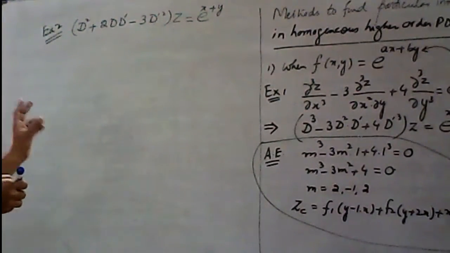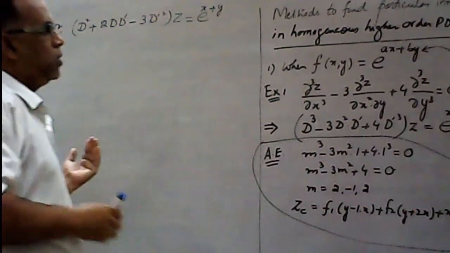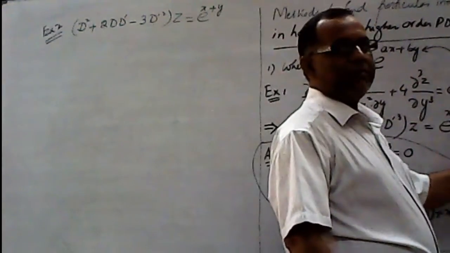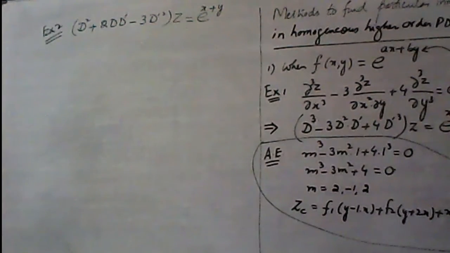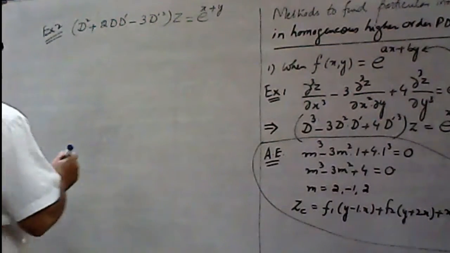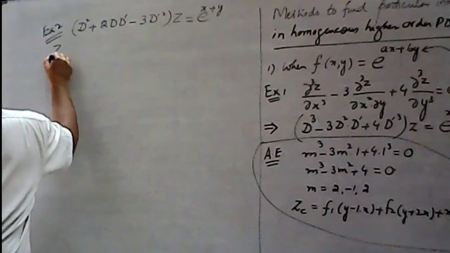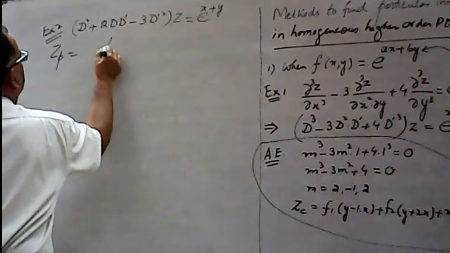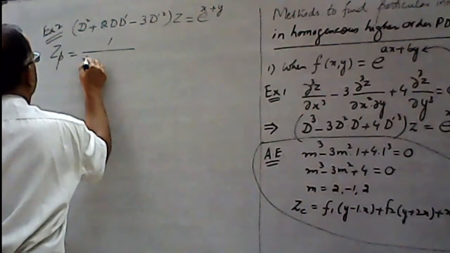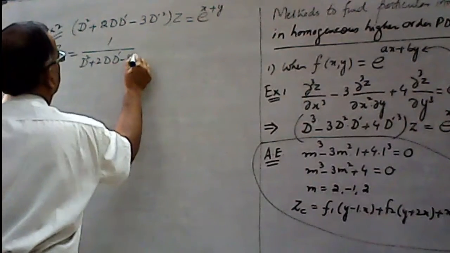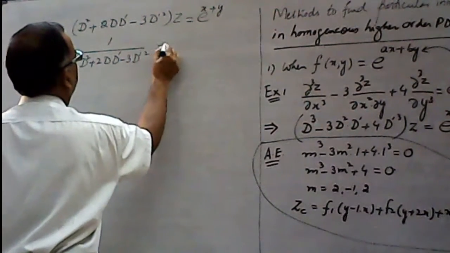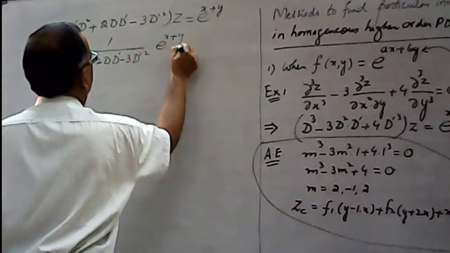I want to make this example to show when the denominator becomes 0, then what we need to do. Now I hope the denominator will be 0. Yes. So now I am calculating ZP. ZP means 1 upon d square plus 2d into d dash minus 3d dash square, e power x plus y.